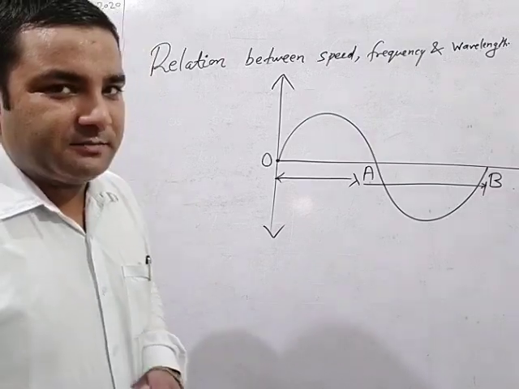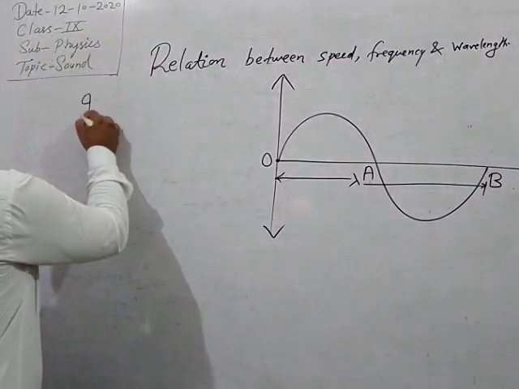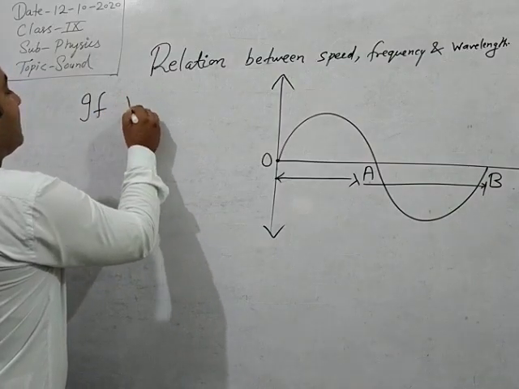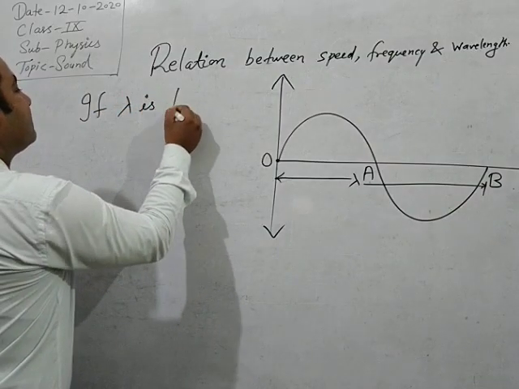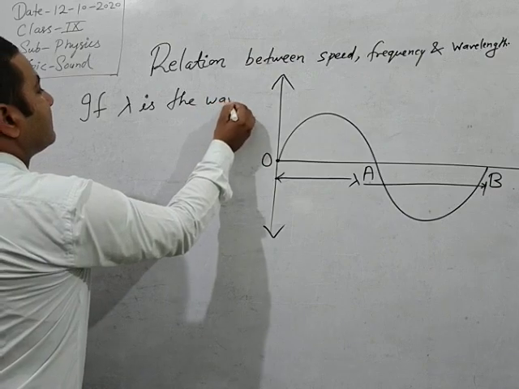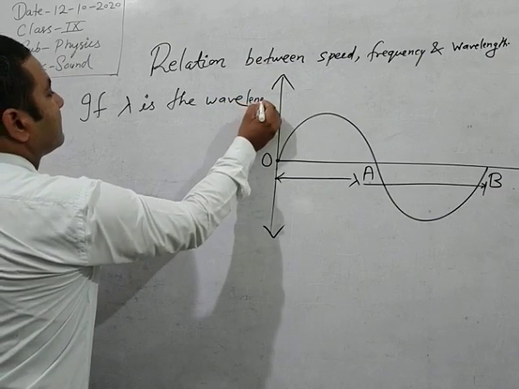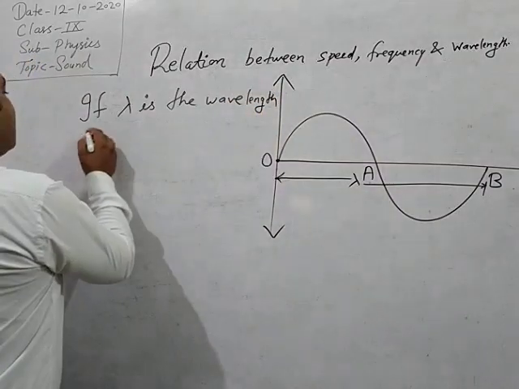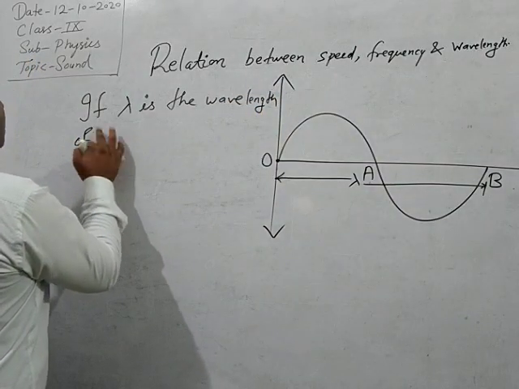Speed of sound wave. Let's see, lambda is the wavelength of sound wave.